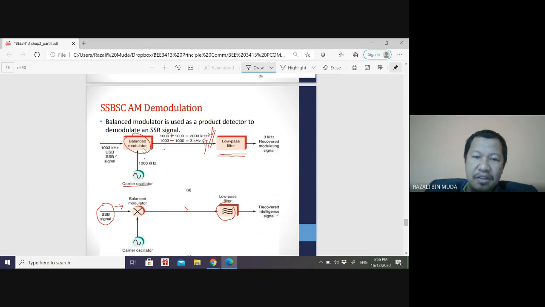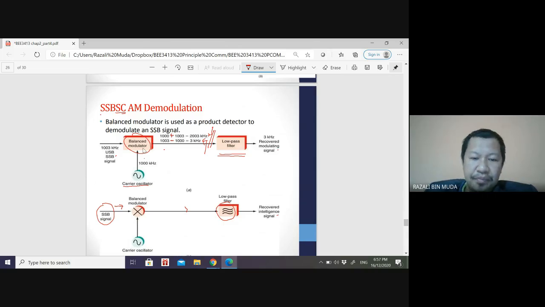So this is basically the block diagram, a simple explanation of how this single sideband suppressed carrier AM demodulation circuit functions.